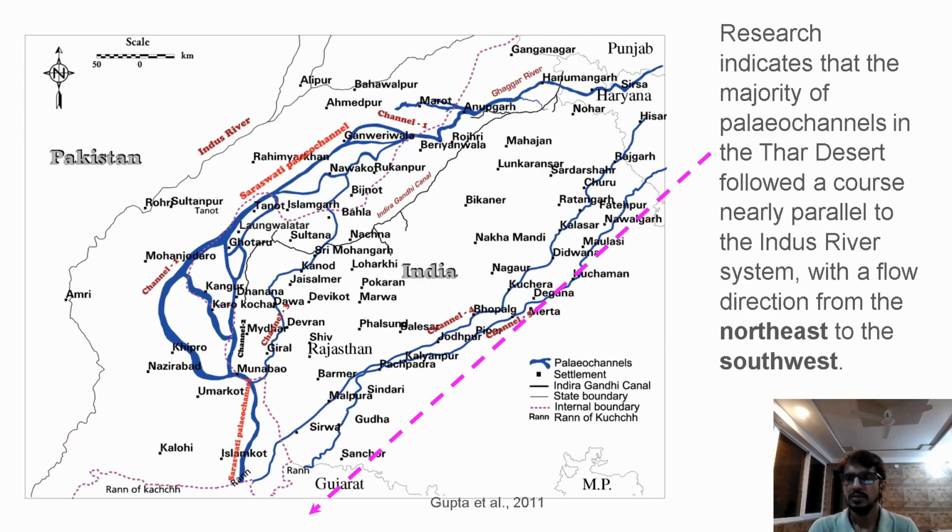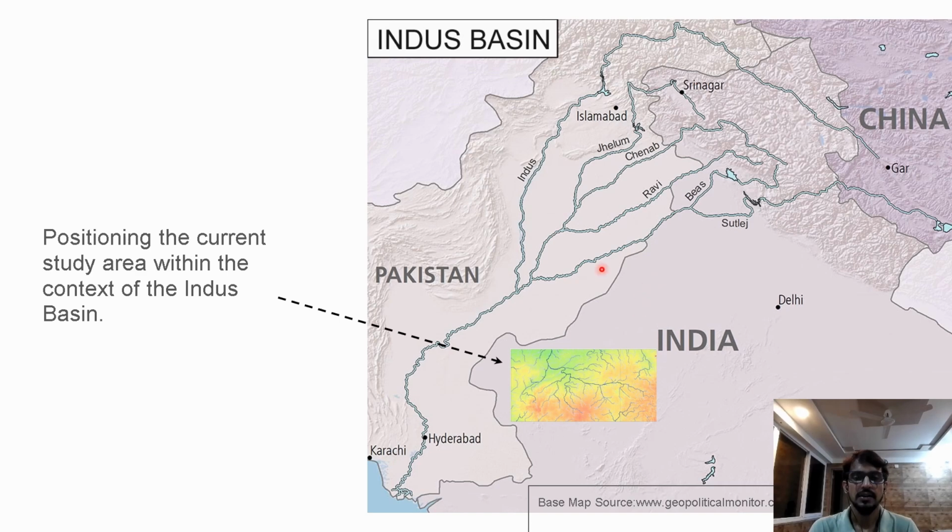Here we have our study area, and I would like to highlight a different situation in this area, which is part of the same area we discussed in the previous slides.